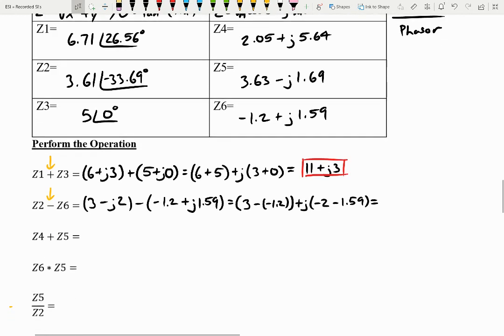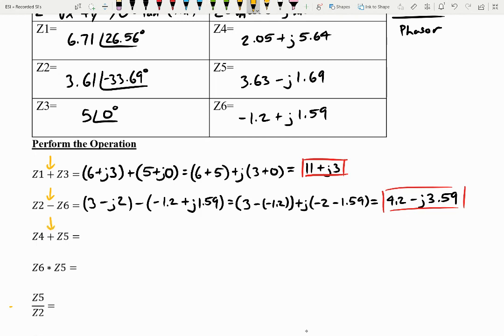And when we go and do this, we'll get 4.2 minus j3.59. All right.